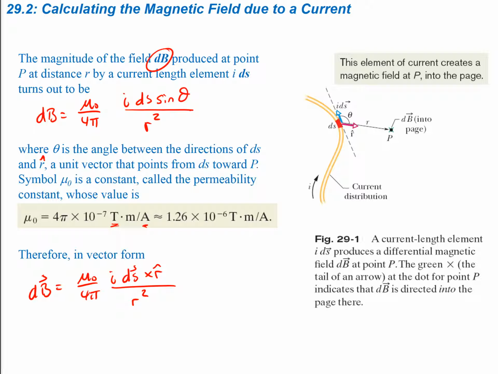So this doesn't have a unit, it just has the value of 1, and it's basically taking this sine theta and incorporating it into the cross product. We need to think about the angle between our unit vector r and our current, which is in the direction of ds.